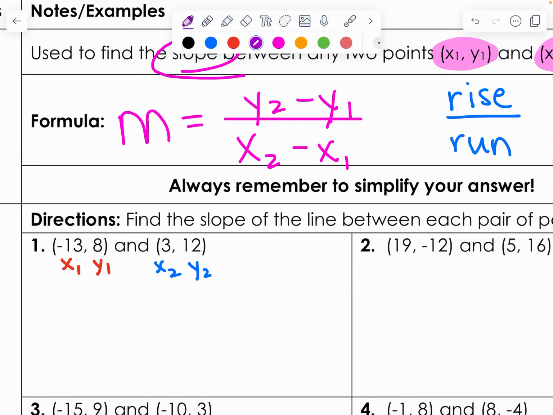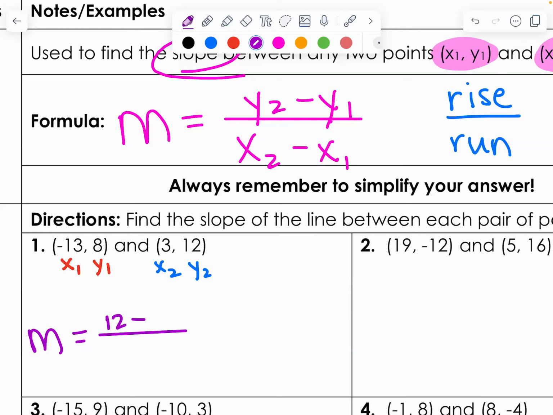Okay, so slope M equals y2 minus y1. Which number is y2? 12.